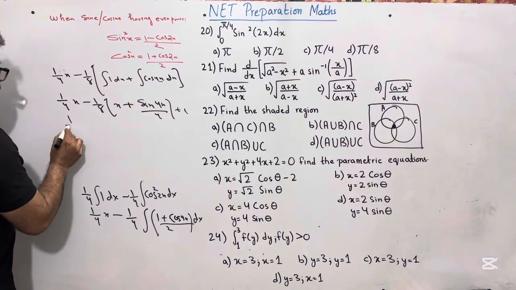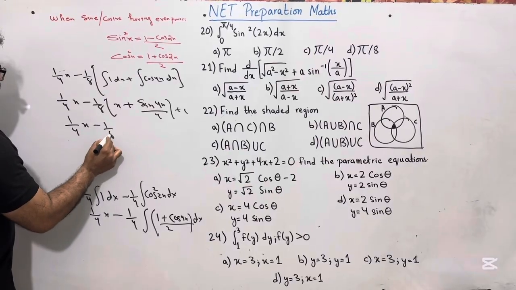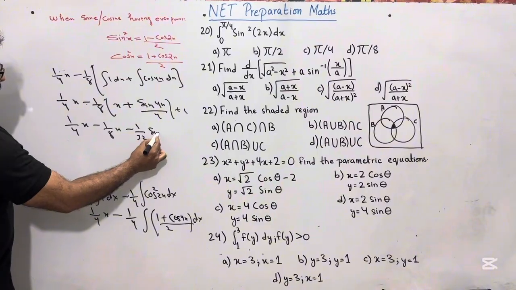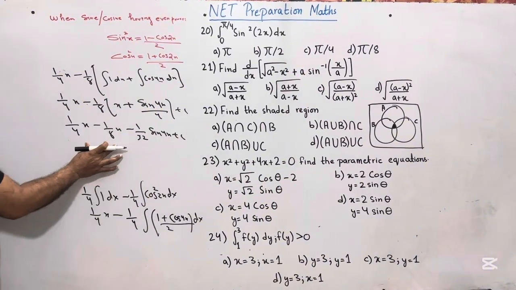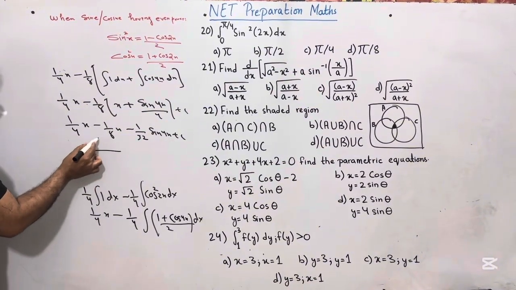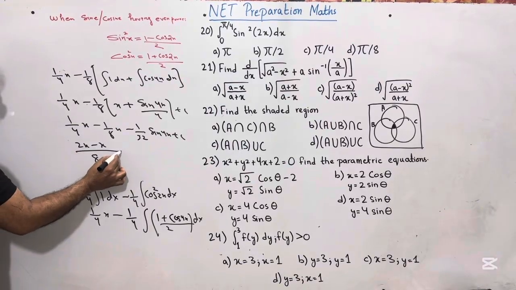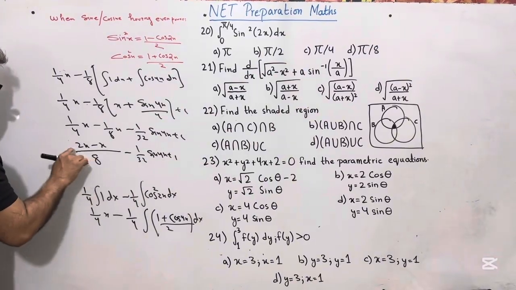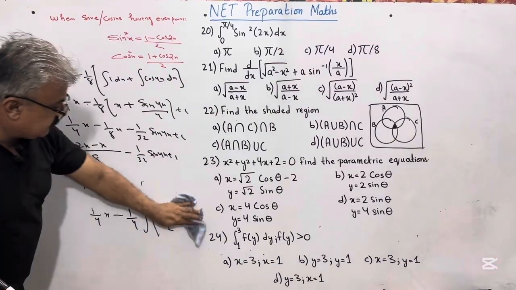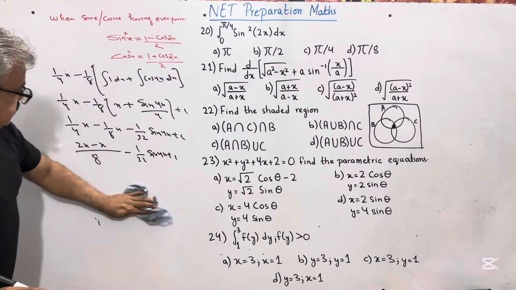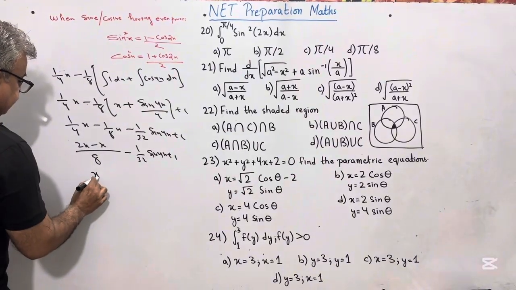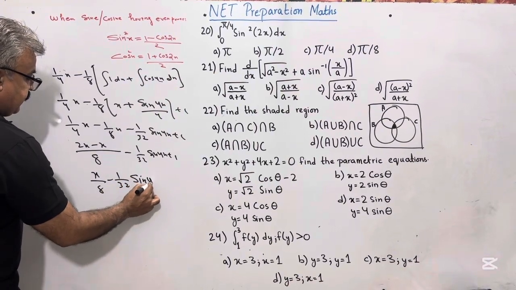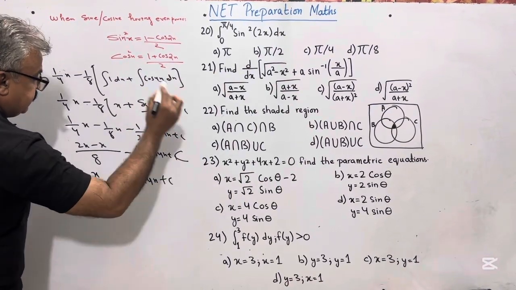Multiplying negative 1 over 8 throughout, 1 over 4 x minus 1 over 8 x, and negative times positive is negative, 8 times 4 is 32, sine 4x plus c. Taking LCM as 8, it will become 2x minus x over 8 minus 1 over 32 sine 4x plus c. That is x over 8 minus 1 over 32 sine 4x plus c.